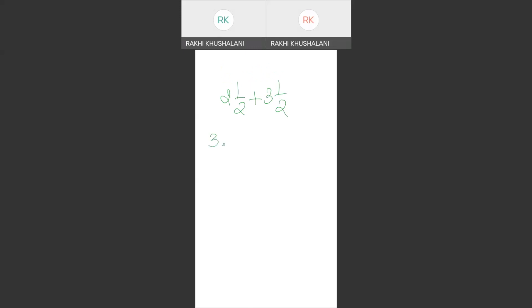The third step will be add the numerators. N and small s will stand as numerators. So let's get set, go. Finish writing down till here and pause.